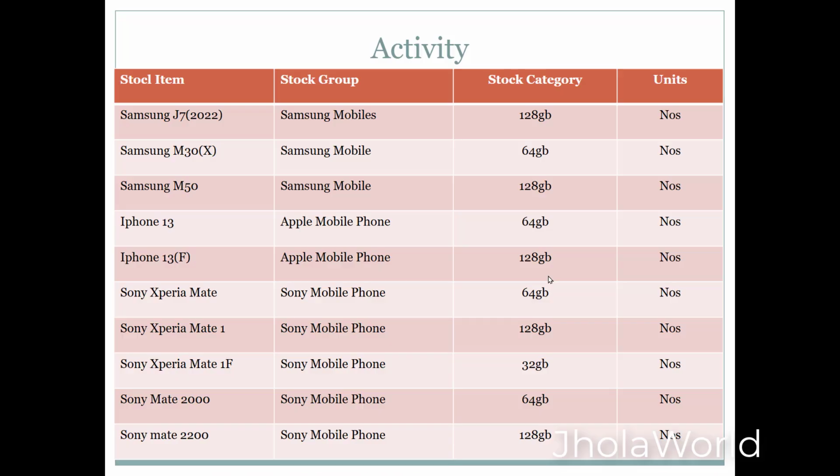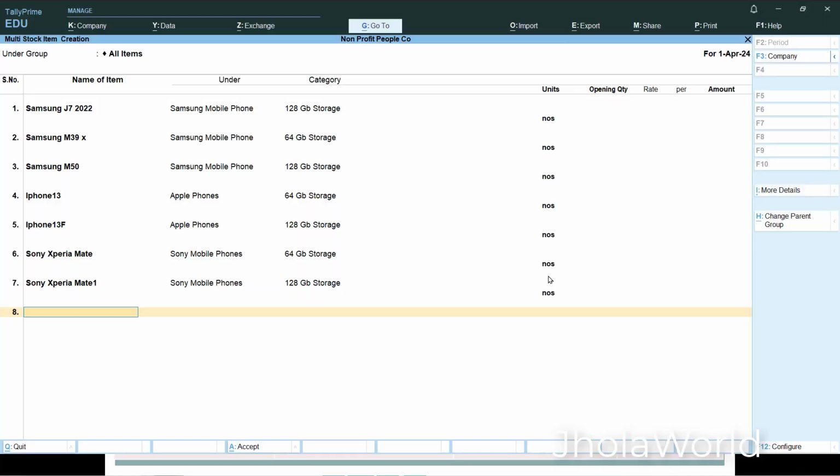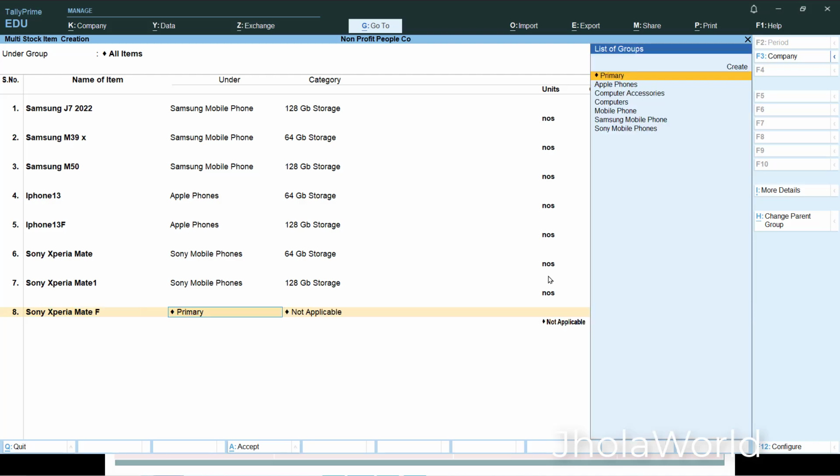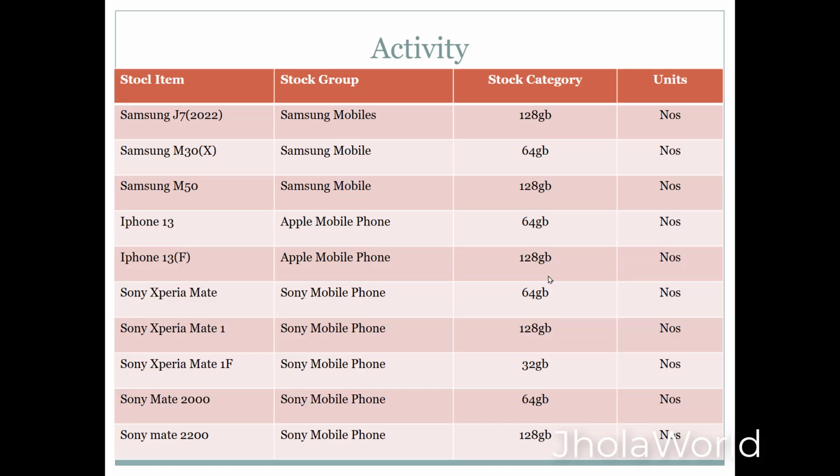Then after Mate 1, Sony Xperia Mate 1F. Spelling doesn't matter. Mate 1F, again Sony, and this F is 32 GB only, and this will be numbers.